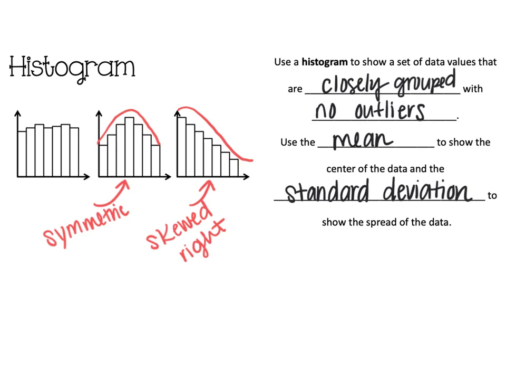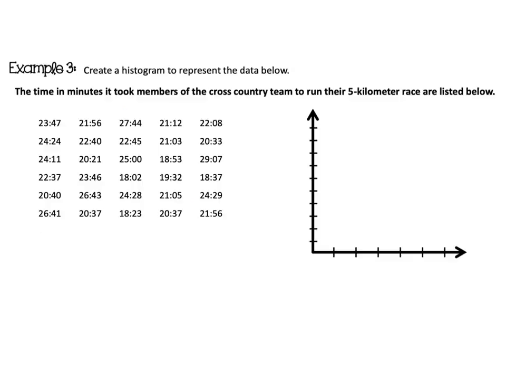If the standard deviation is low, that means that all the points are close to the mean, which means that the mean, or the average, is probably a good representation of the data. And we'll talk about finding standard deviation a little bit later on.